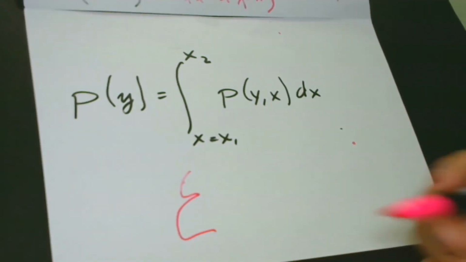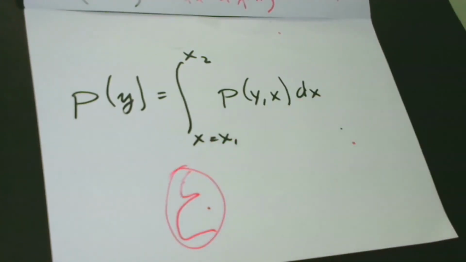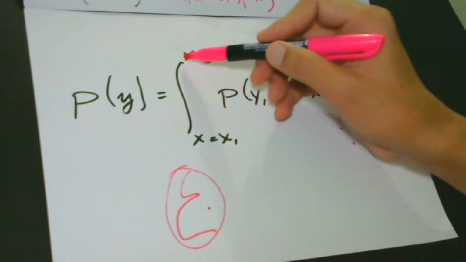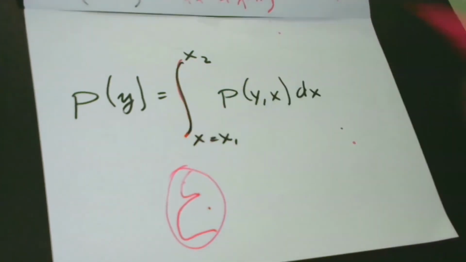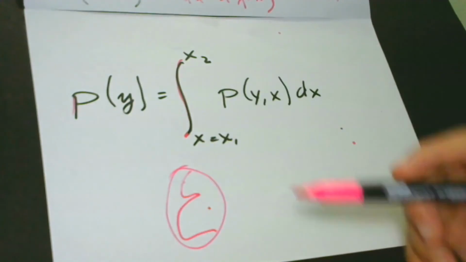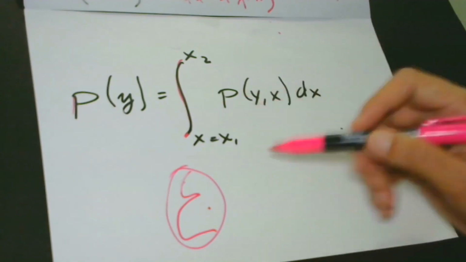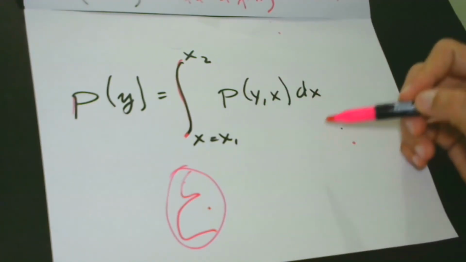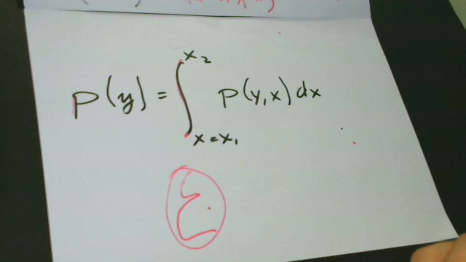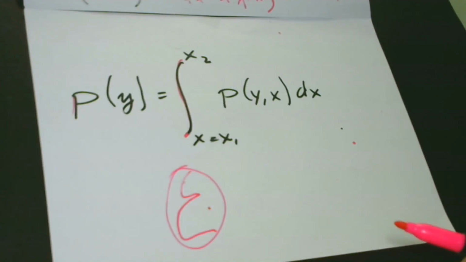If we're talking about a continuous random variable, we just replace this notation with the integral notation, or definite integral symbol. So that means the probability of y is equal to the definite integral from x1 to x2 of p(y, x) dx. So here the interval of x1 to x2 describes the sample space of x.